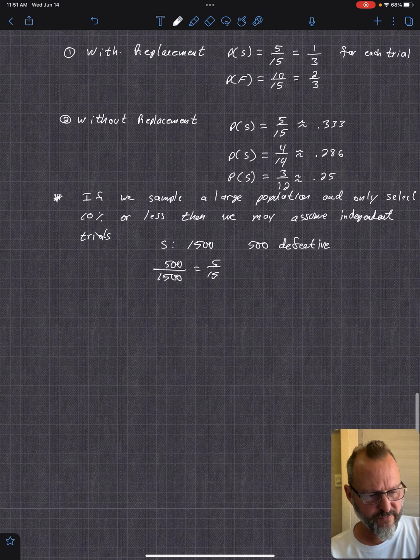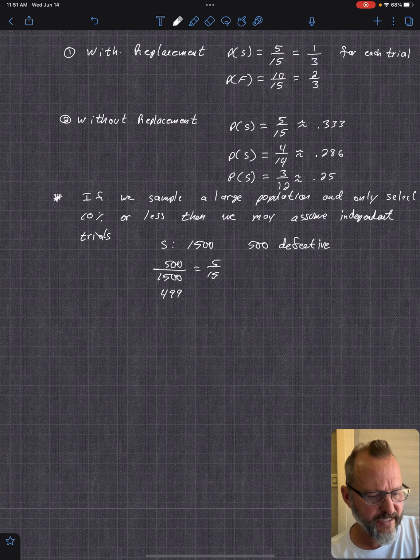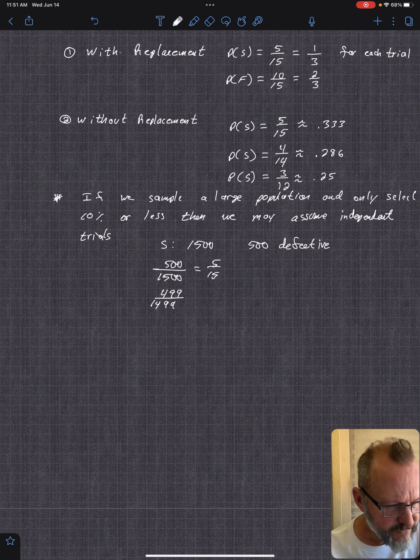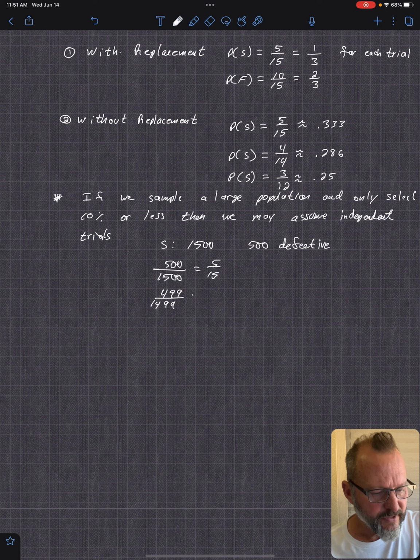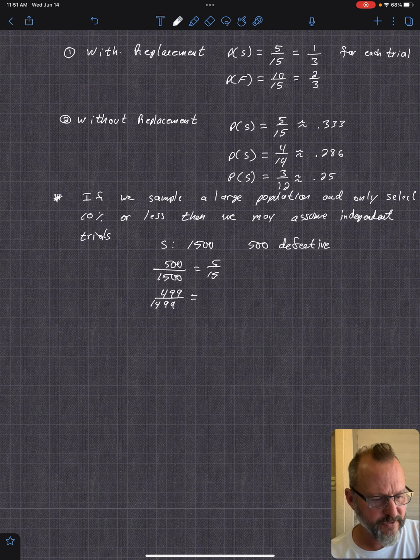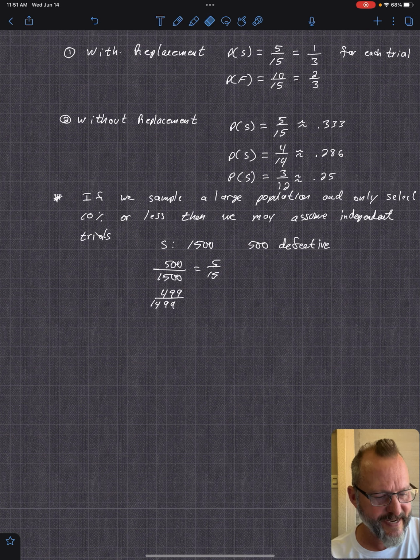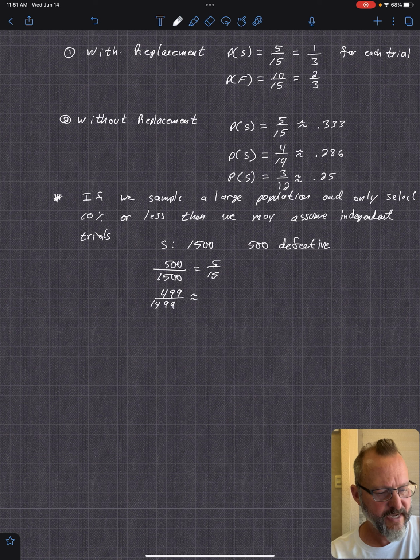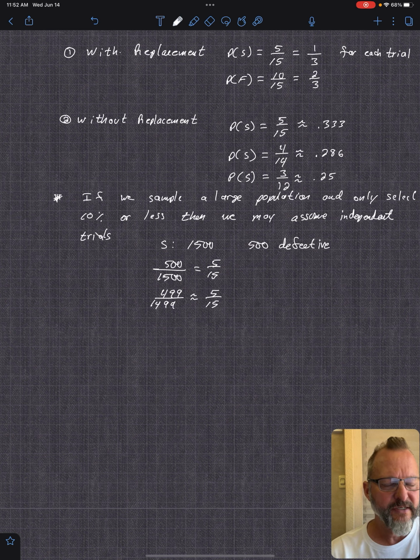Now if you don't replace it, that's only 499 over 1,499. Well, that's pretty darn close, approximately the same probability. So that would be approximately 5/15.